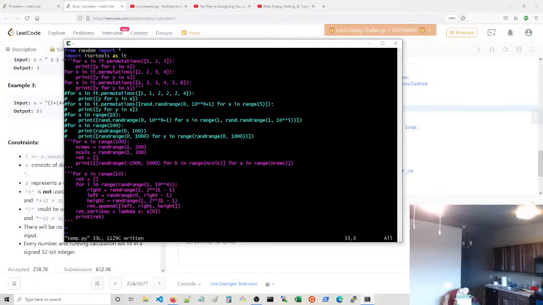So the expression itself won't have spaces on the left and right side. But when you add operations, you can add spaces between the expressions in the operation.